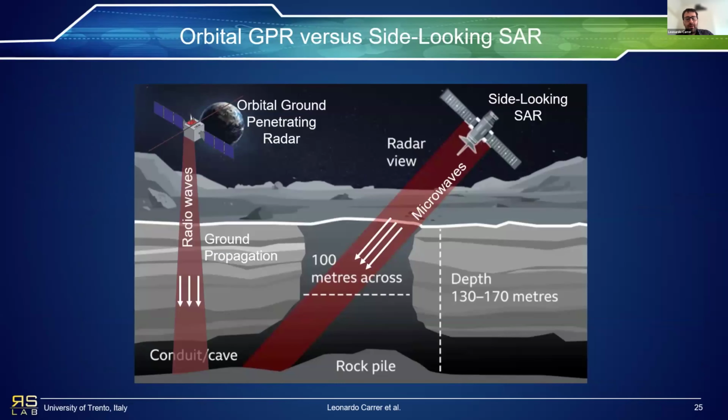So in a way, we invented a new technique to find caves, which is using side-looking SAR. But for looking underground, there is another technique, called orbital ground penetrating radar.